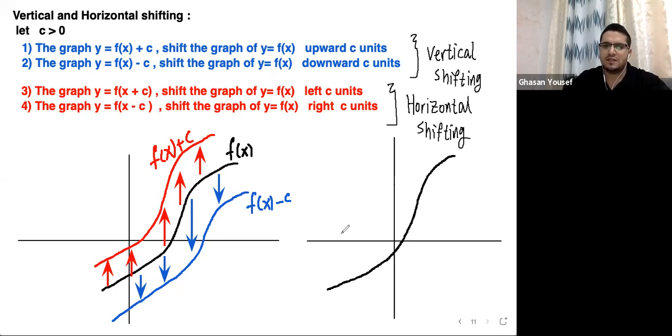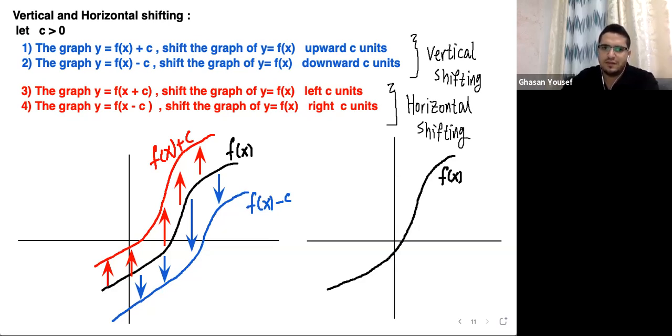And I need to graph the function f of x plus c, where the c is inside the parentheses. When it's plus c, we have to shift the original function f of x c units to the left.